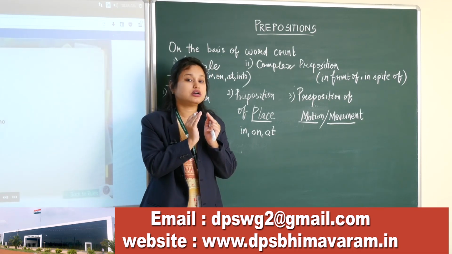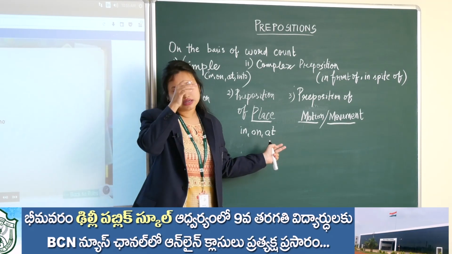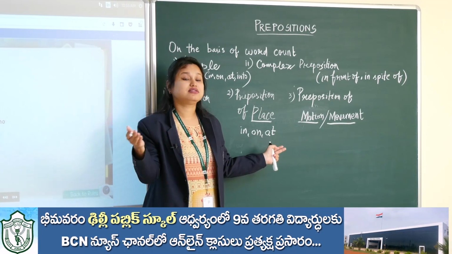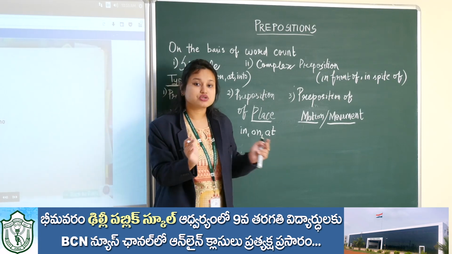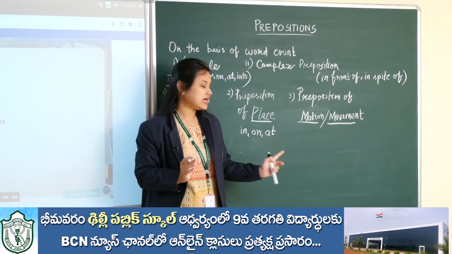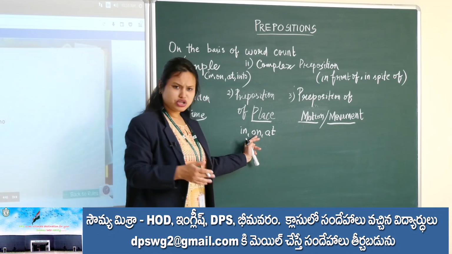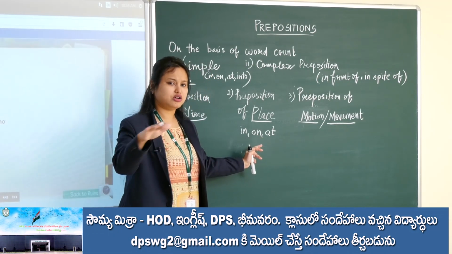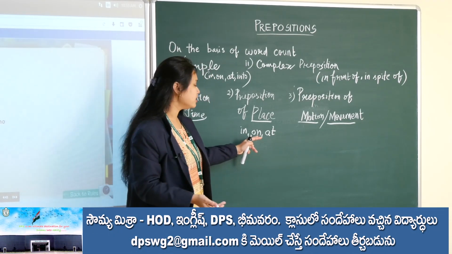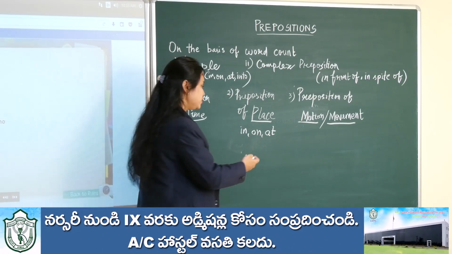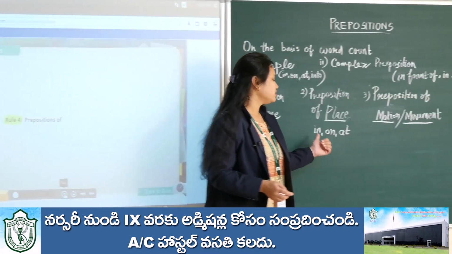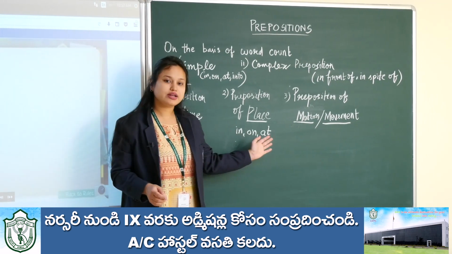So I told you the train arrived at Bhimavaram station. I am talking about a particular place, so I am using at, right? And on is used for anything on the table, on the desk, right? So we talked about in, on, at.